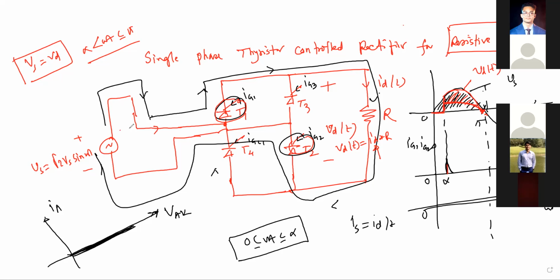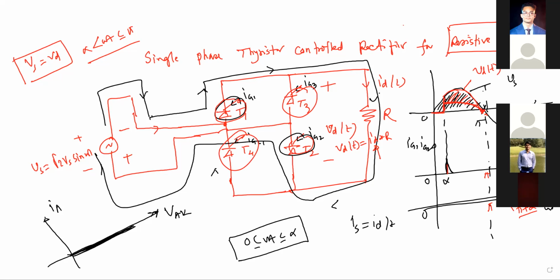But since the voltage has reversed direction, your T3 and T4 will be forward biased after omega t equal to pi. But we shall not apply any gate pulse yet. The gate pulse will be at pi plus alpha to get the symmetry there.